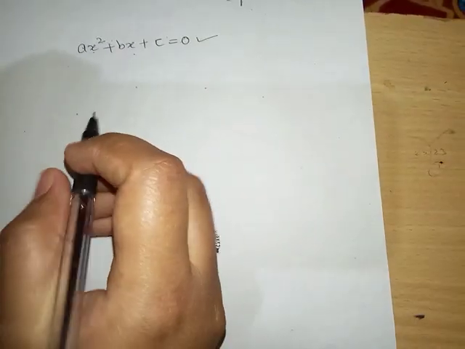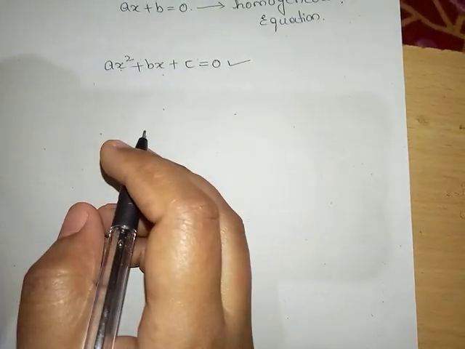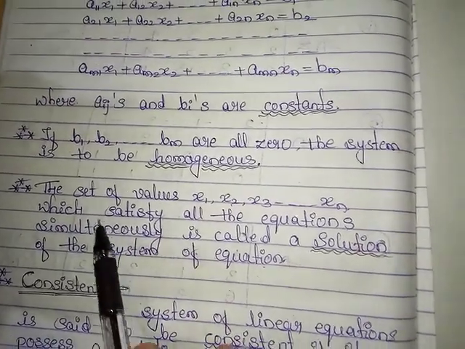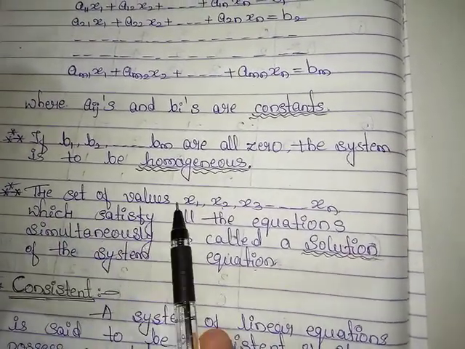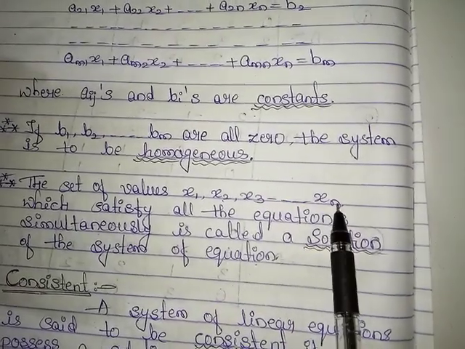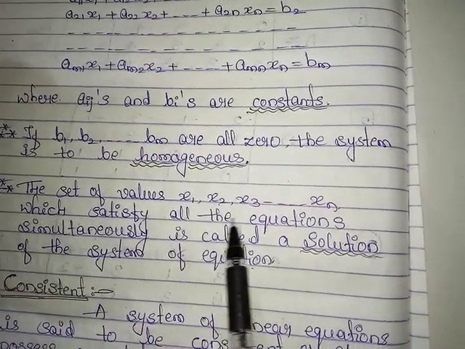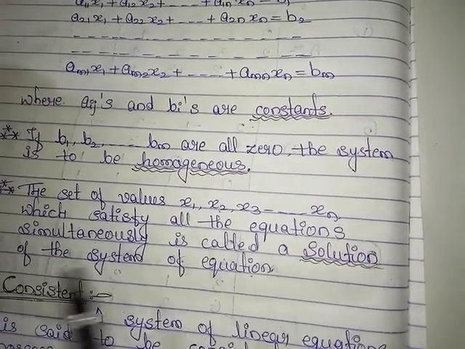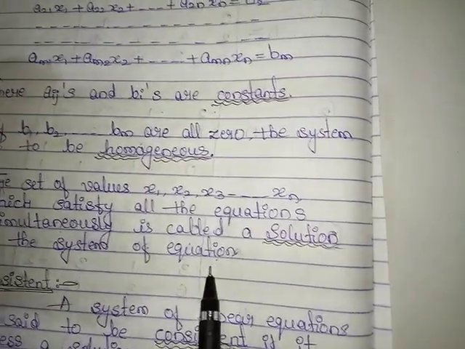To understand this point, I will take one example. The set of values x1, x2, x3 so on to xn, which satisfy all the equations simultaneously, is called a solution of the system of equations.